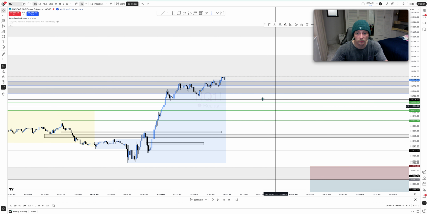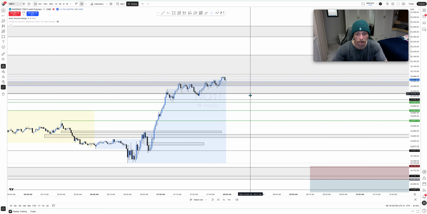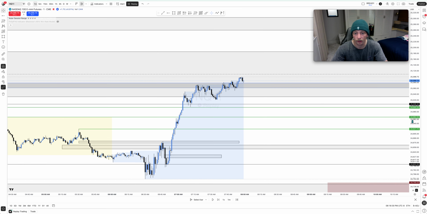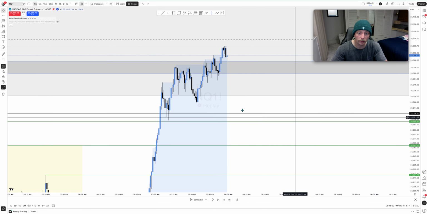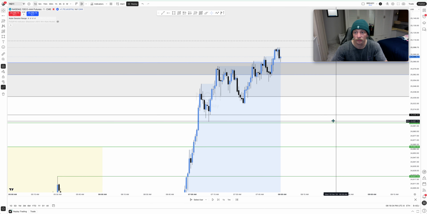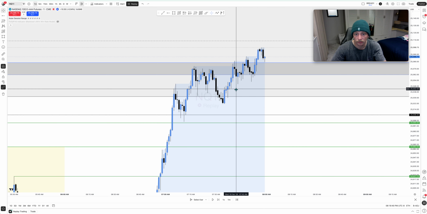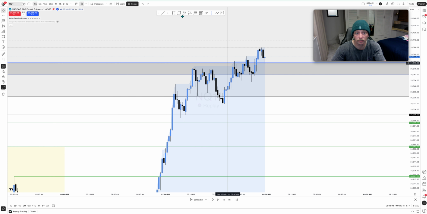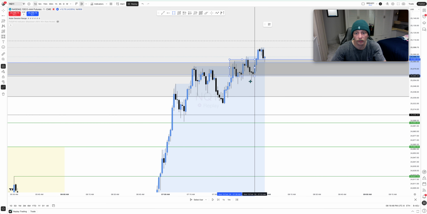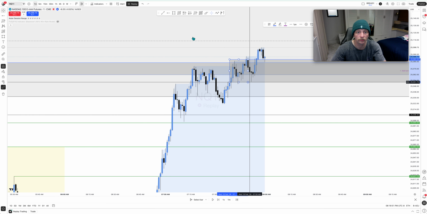So I'm just gonna delete this, and since we know I took my trade at 7:45 or 7:46, we can look over here. So it would have been right here. This is where I took my trade, right in this zone.